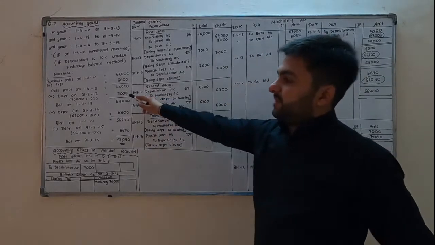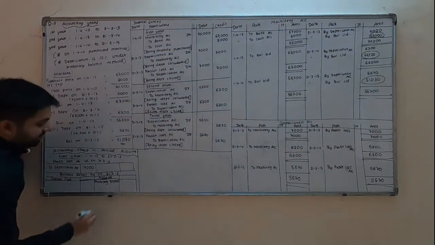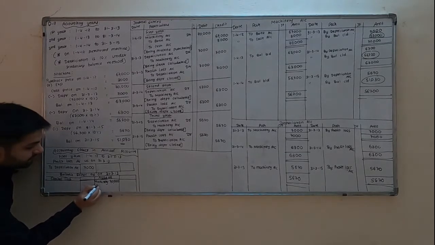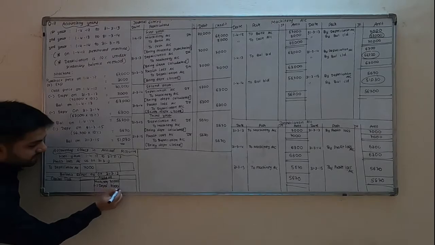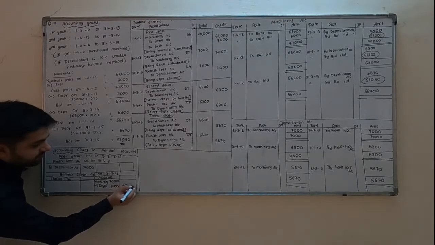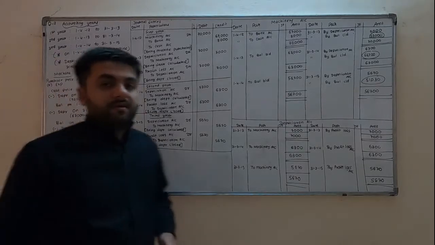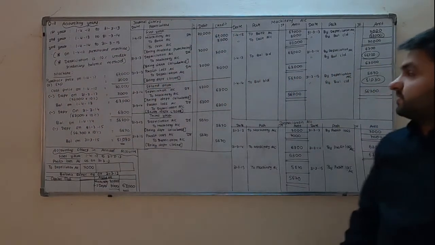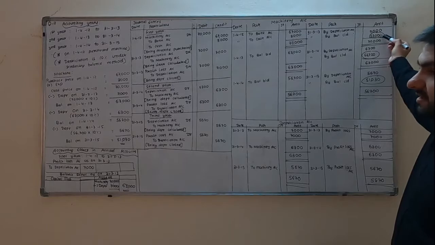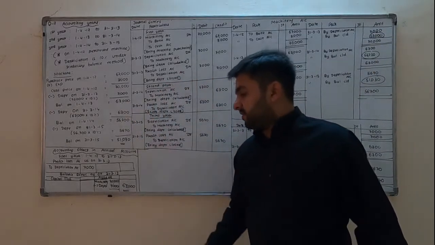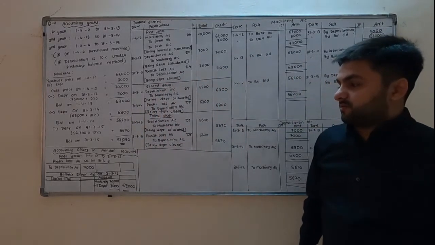Now first year's depreciation is 7,000, which you need to subtract. Minus depreciation 7,000. So machinery will show 63,000 in first year, here also, in our calculation also, and in our final accounts also.